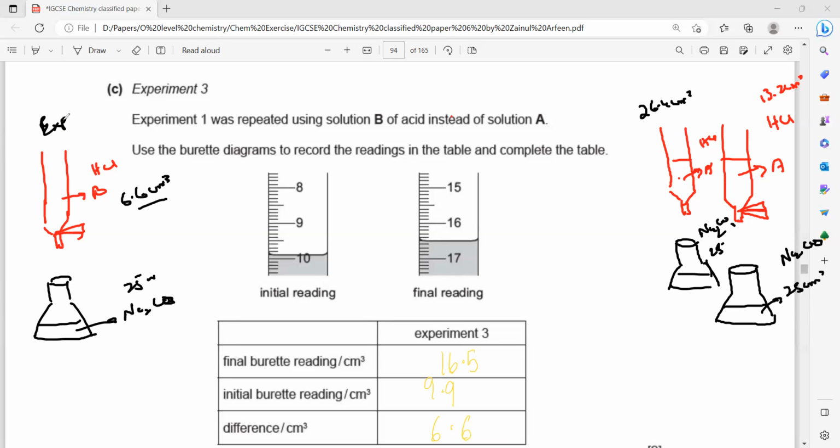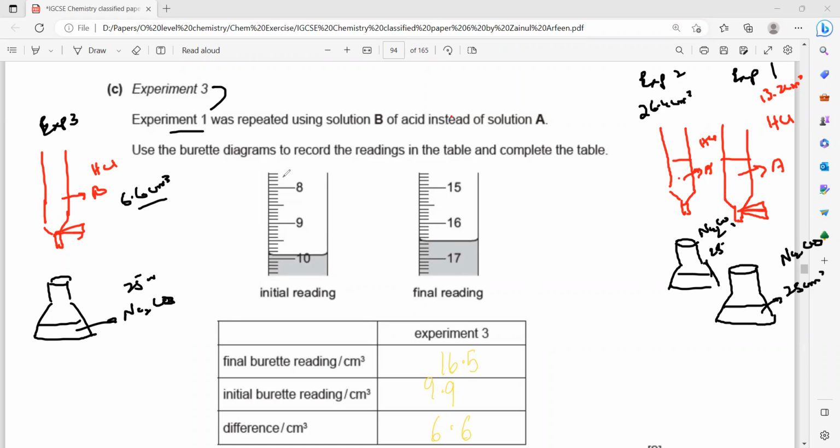This is experiment 3, this was experiment 2, and this is experiment 1. Experiment 1 was repeated, so we will compare experiment 1 with experiment 3. By looking at them, can you identify which solution of HCl is more concentrated?